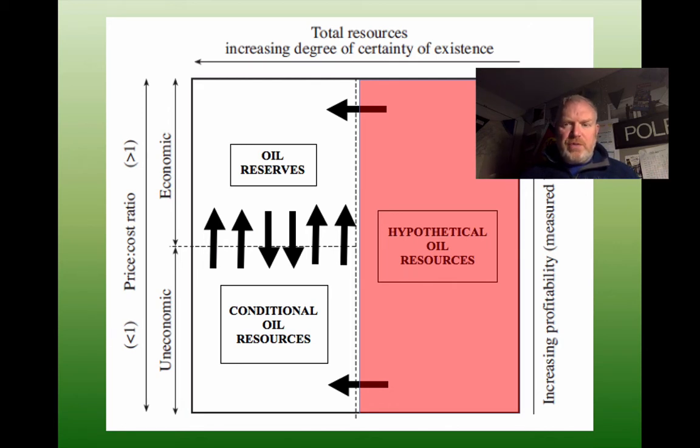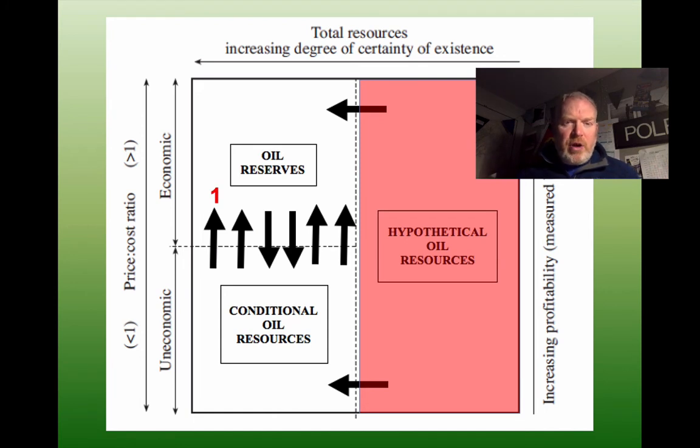The second question asks you to match up the labels of the things that would change the classification of materials from one part of this diagram to another. So the first one is a price rise. Now all of these are focused on oil, but they could apply to other resources as well.